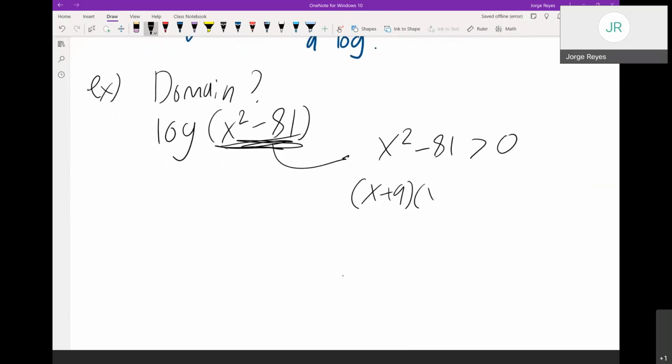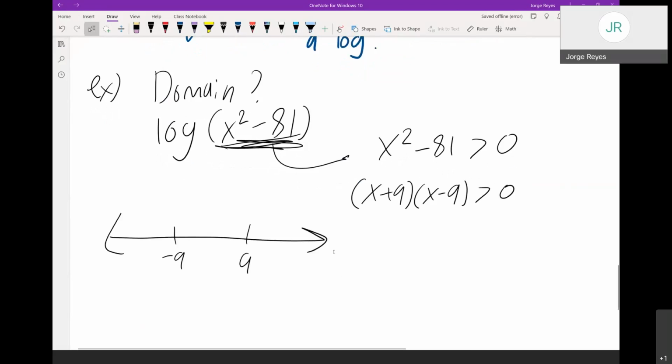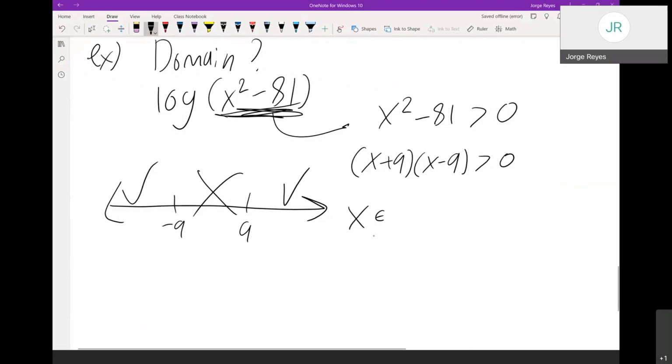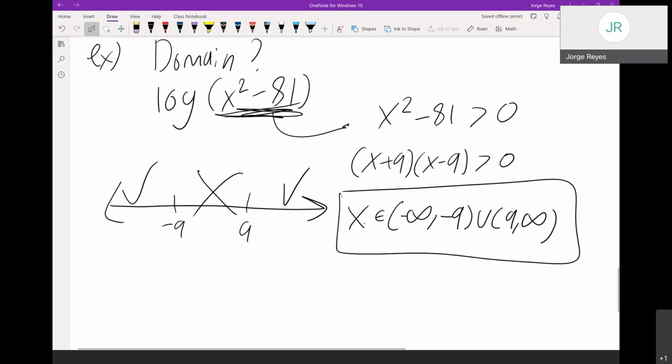So x plus 9, x minus 9, right? This is make a sign chart, critical points, plug in, and we see that we need to be here and not here. So that means x in negative infinity to negative 9. But remember, we can't be 0, so I can't actually plug in 9. So all of these will have parentheses. And that's the answer.